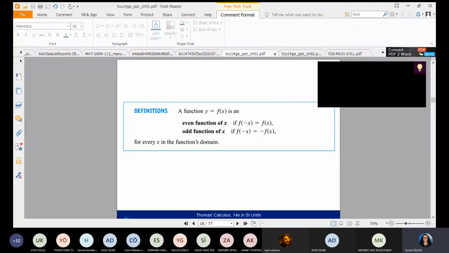In which graph? The piecewise function, are you talking about? Is that what you want? Is that what you're talking about, Osman Burak? If you can speak in Turkish if you want.